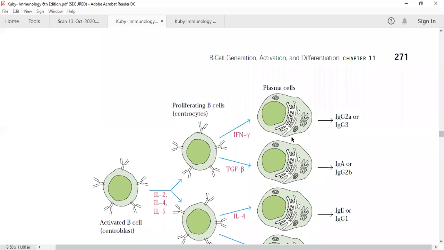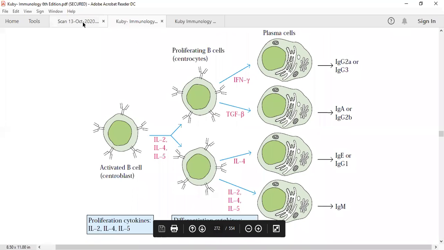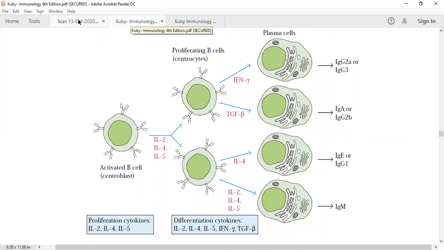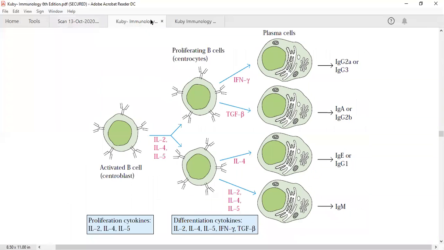They are going to decide the fate of the activated B cell or differentiated B cell, that is called plasma cell, so that it can secrete a kind of antibody molecule. I hope you understand the question, right? Why are there differences if you remove the spleen in an adult or in a child?